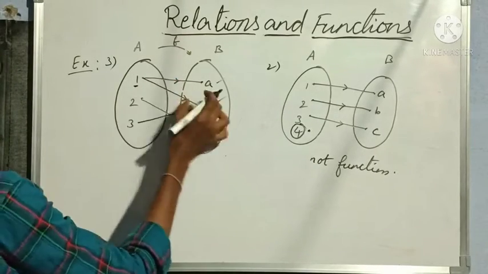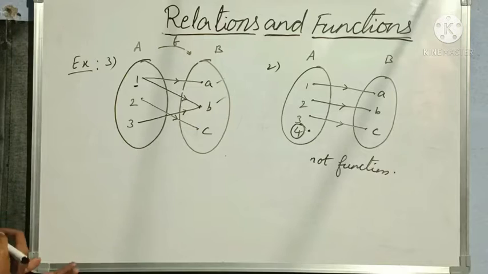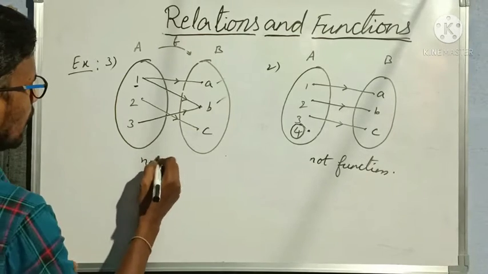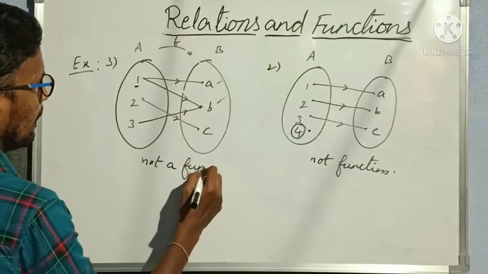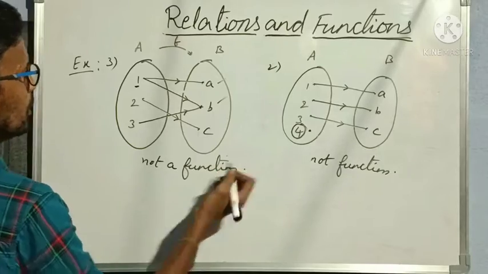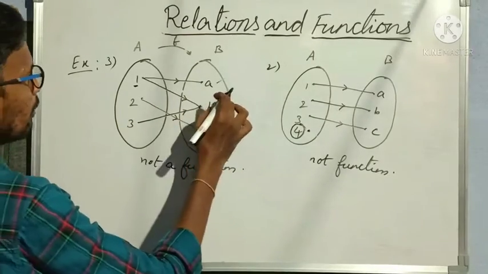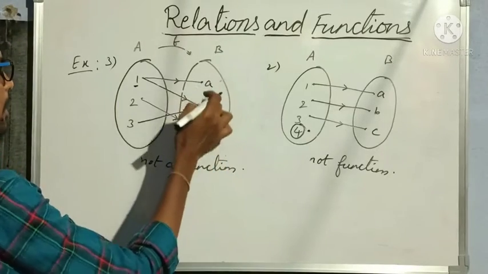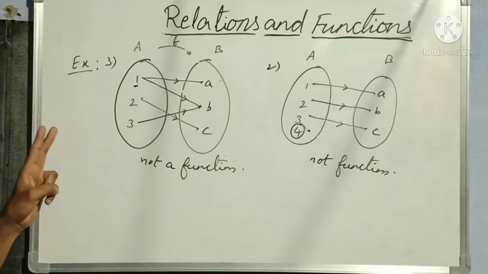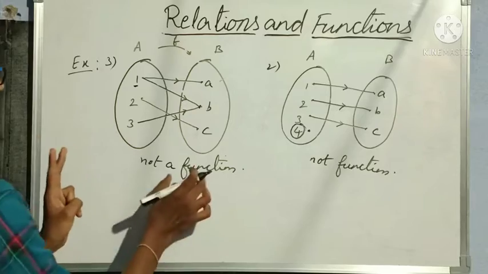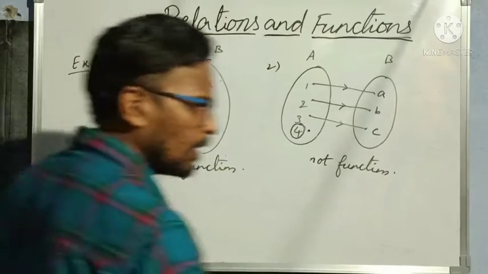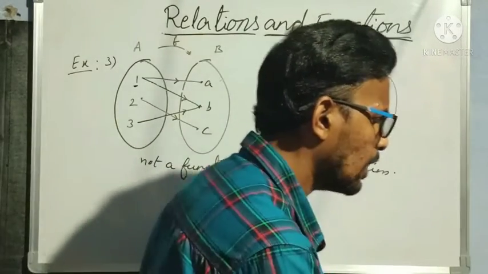But here 1 is having 2 images. So is this called a function now? So this is also not a function. Understood? Even though every element of A is mapped here, 1 is having 2 images. So this is not a function. Understood? This is the clear explanation about function.